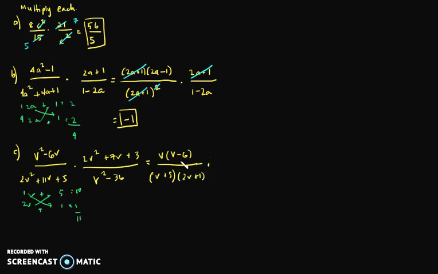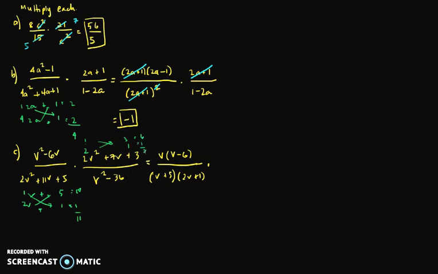Again, multiplied by the other rational expression. Here, I'm going to get the factors of 2 and 3 that will give me 7. Let's say 1 and 2, 3 and 1. If I multiply, this gives me 6, this gives me 1, so 7.